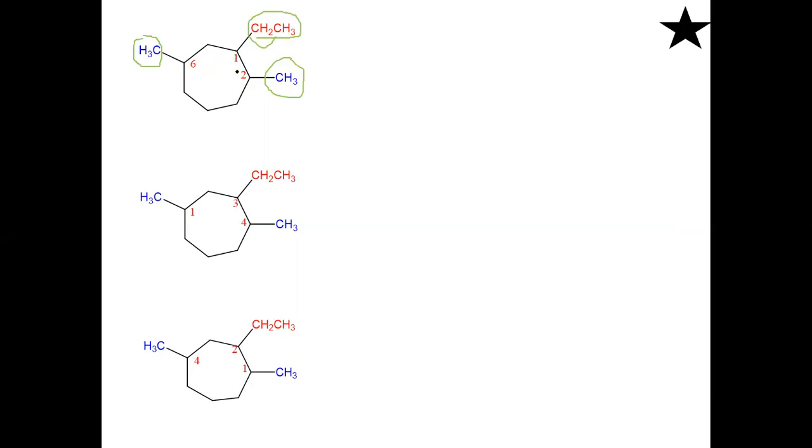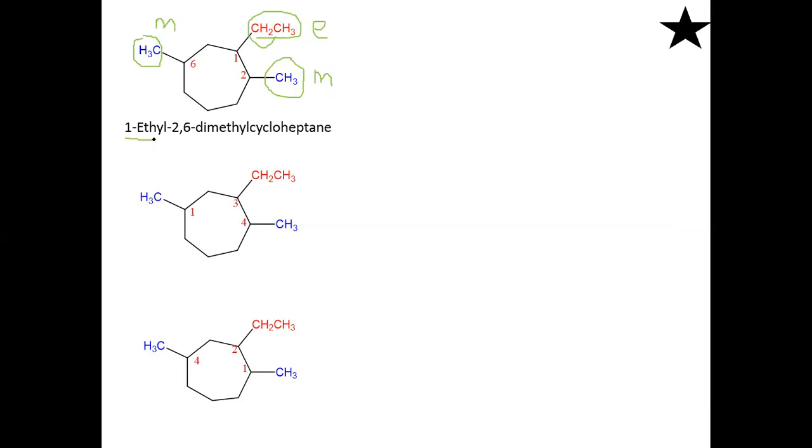1, 2, 3, 4, 5, 6, 7. Okay. So the name of this compound is cycloheptane. Dia punya parent. So dia punya substituent. This is E. This is M. This is M. Alphabetically order. So you need to write this first. Ethyl. So dia akan jadi 1 ethyl 2,6-dimethyl cycloheptane.